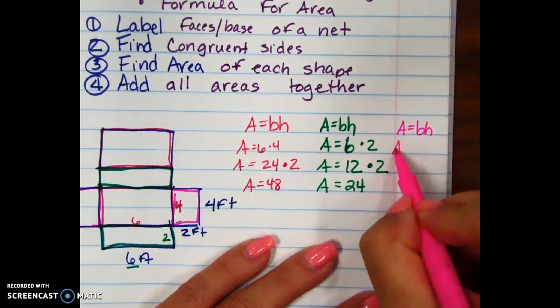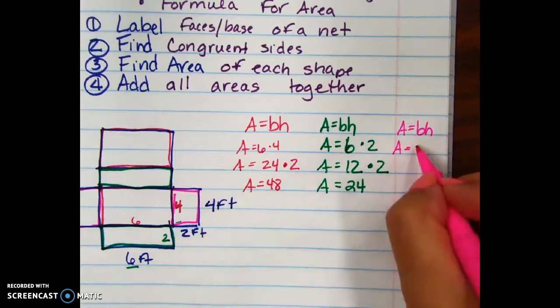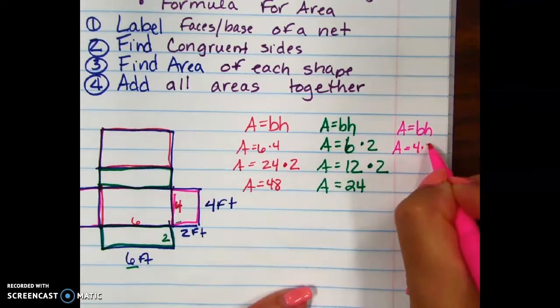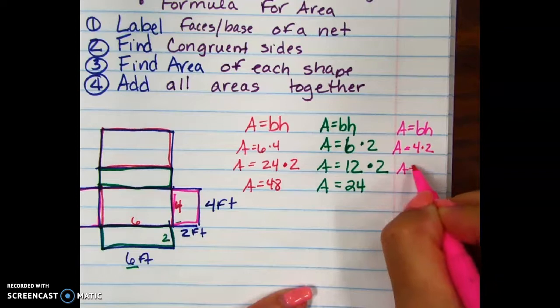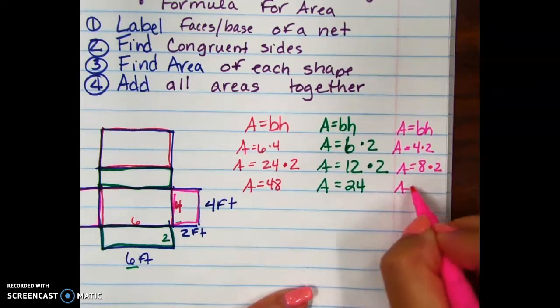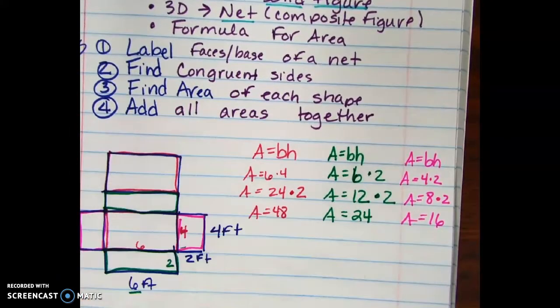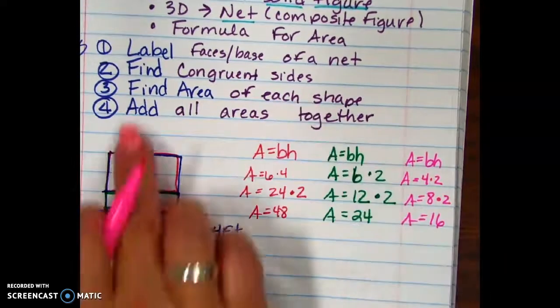Now I plug in my numbers, and we have 4 and 2. So I'm going to take 4 times 2, and I say area is 8, and then I can multiply by 2 because there's 2 of them. Area equals 16.